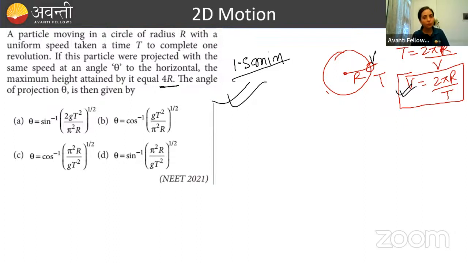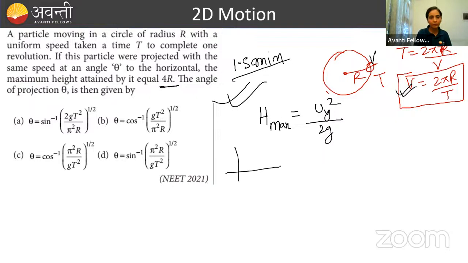So what is the formula of maximum height, if you remember, for projectile? H max is uy square by 2g, where uy is the initial velocity of the projectile in the y direction. Projectile means you are throwing it at a certain angle.